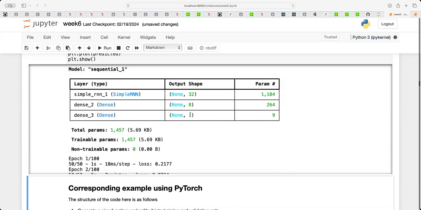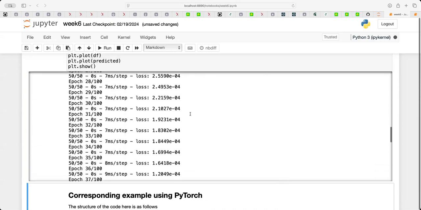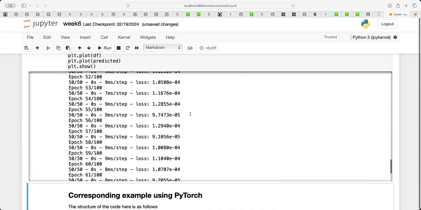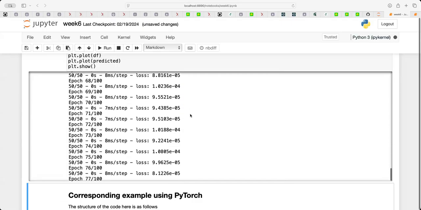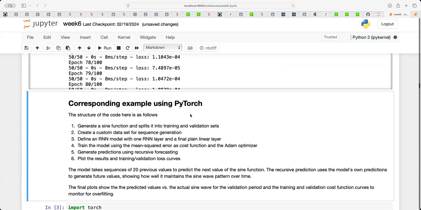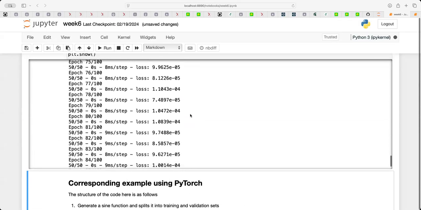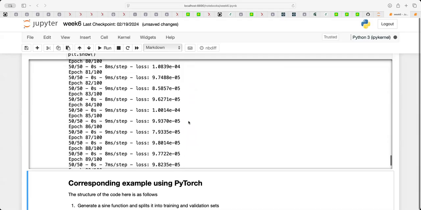So let's just go through here. Let's just let it run through. And you can see that the loss function is roughly 10 to the minus 5. So this is a pretty good prediction which we're making between a sine function and what a recurrent neural network has been trained to reproduce.